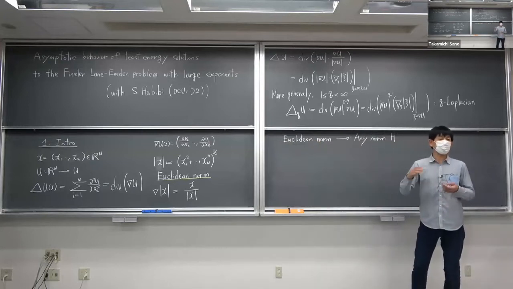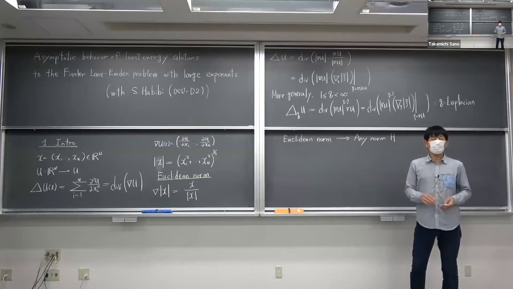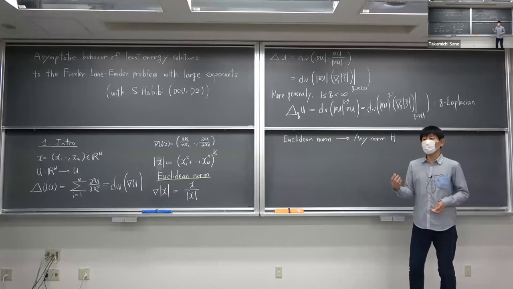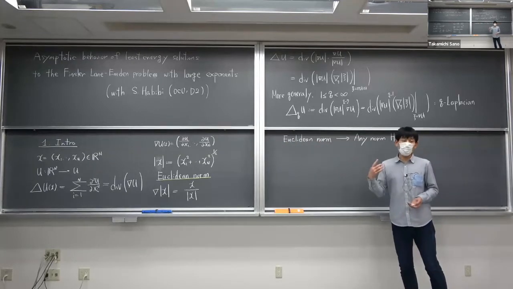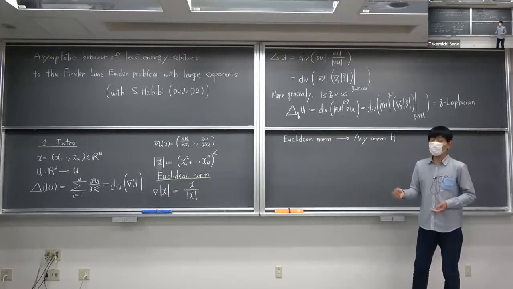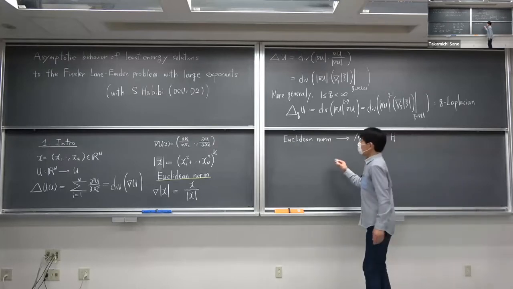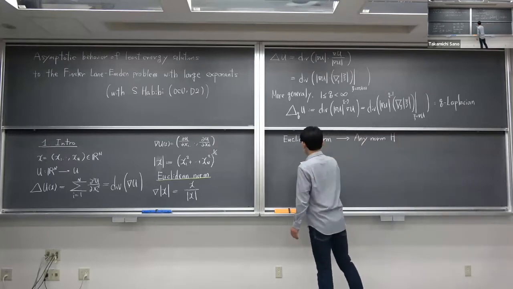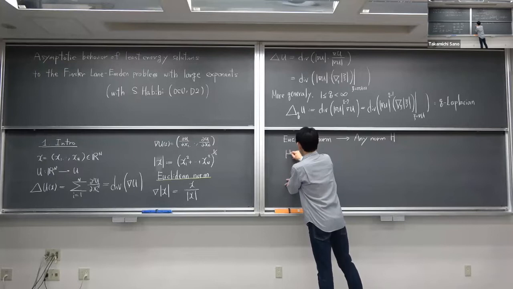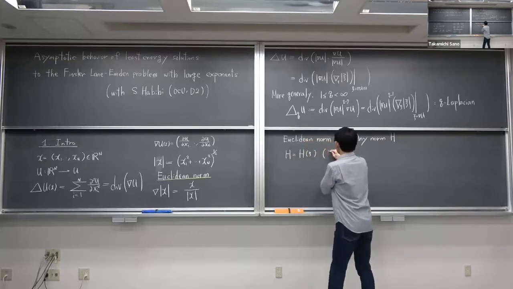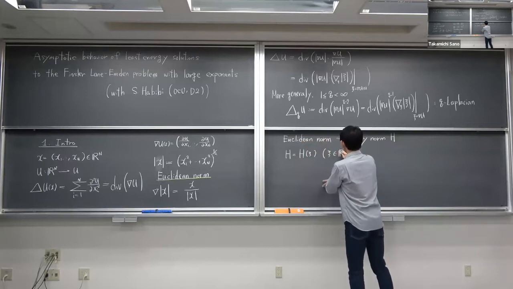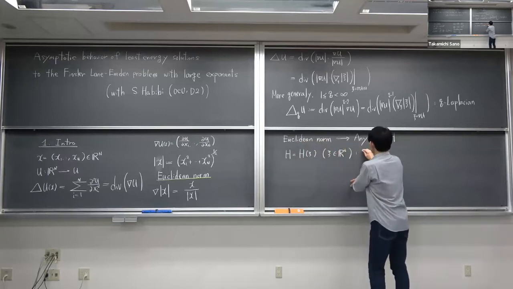Now, a norm must satisfy some axioms: non-negativity and positive homogeneity. I should write H(ξ), where ξ is a vector in R^n. This is called a norm.